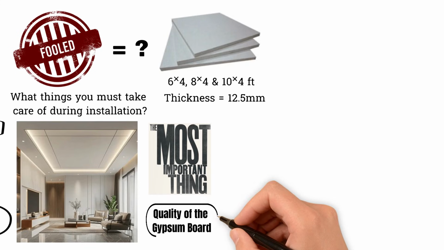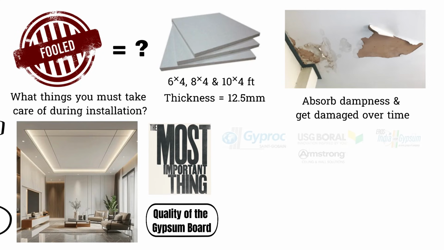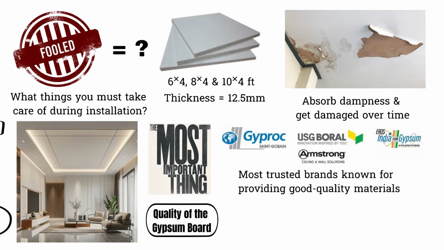Always make sure the board quality is good, otherwise it can absorb dampness and get damaged over time. Gyprock from Saint Gobain, Armstrong, USG Boral, and India Gypsum. These are some of the most trusted brands known for providing good quality materials.